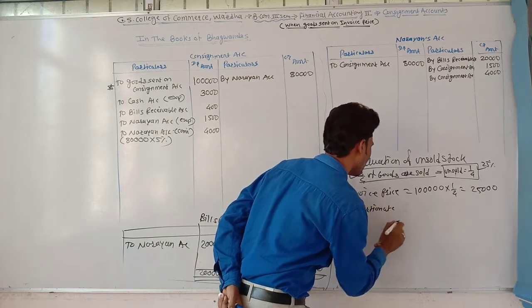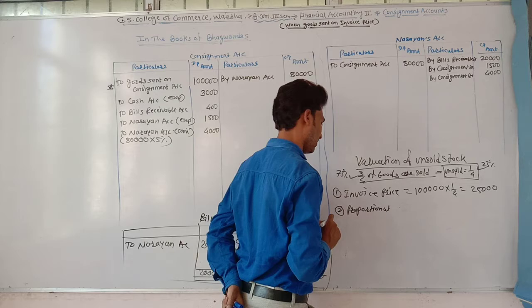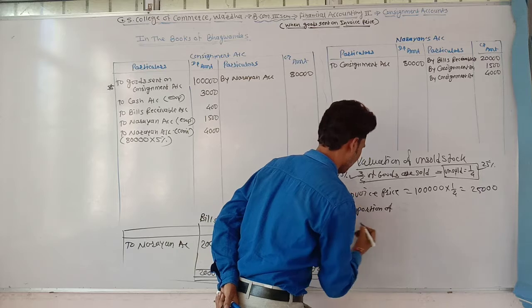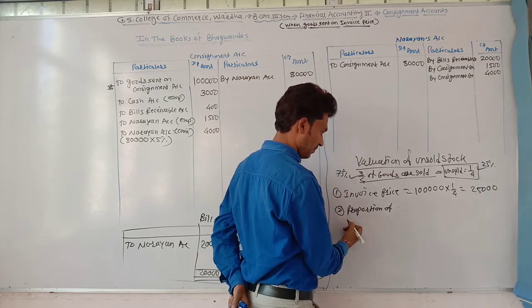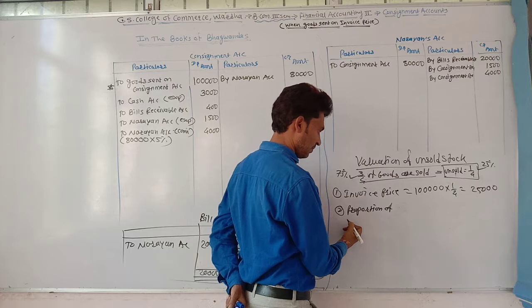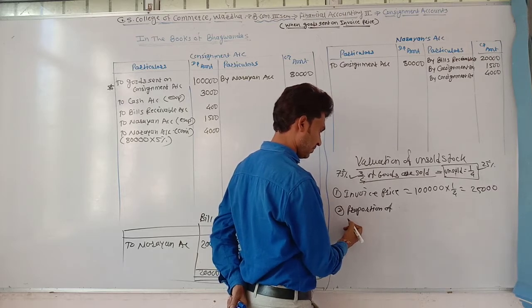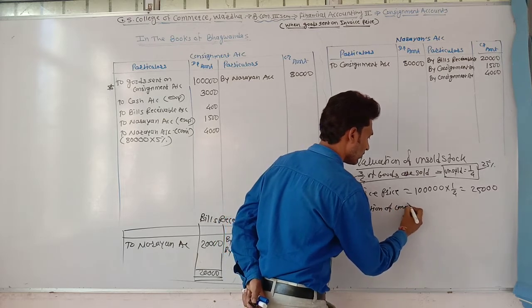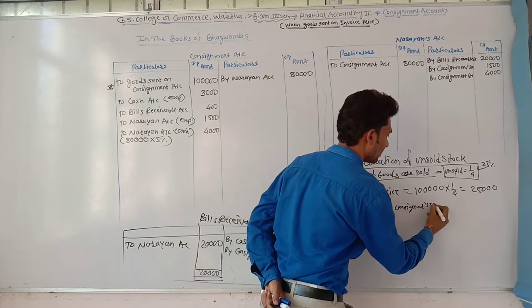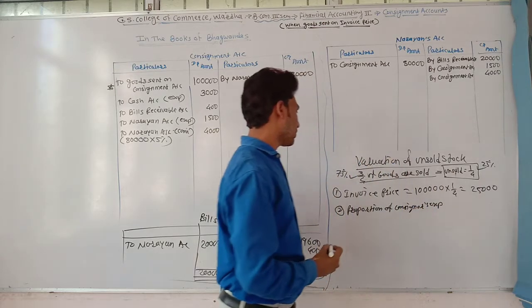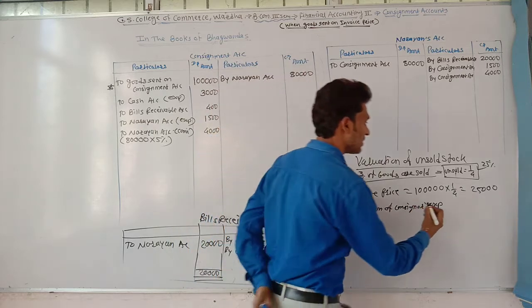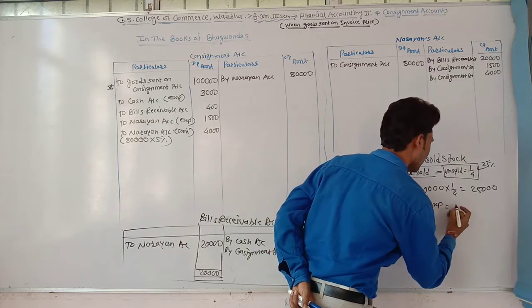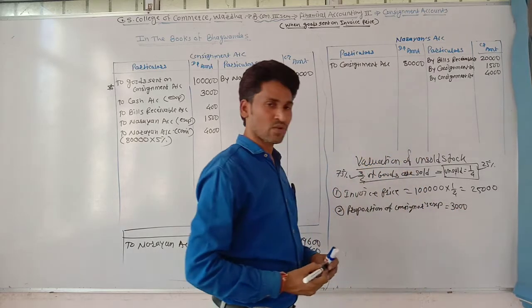Proportionate expenses. Proportion of consignor's expenses. The consignor has spent rupees 3000 for the total goods.